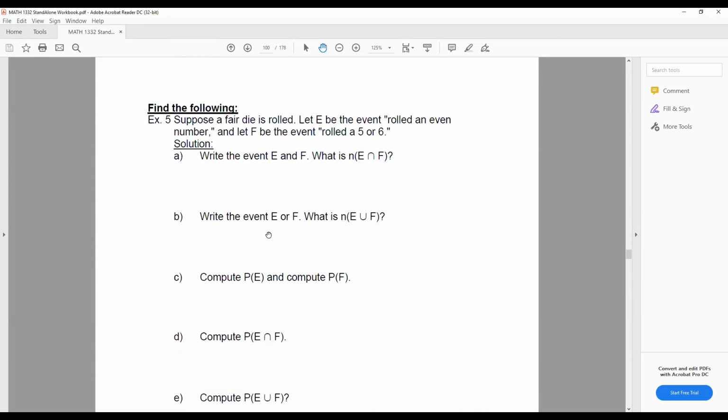Let's look at example 5. We're rolling dice here, or maybe a single die. Suppose a fair die is rolled. Let E be the event where you rolled an even number, and let F be the event that you rolled a 5 or a 6.